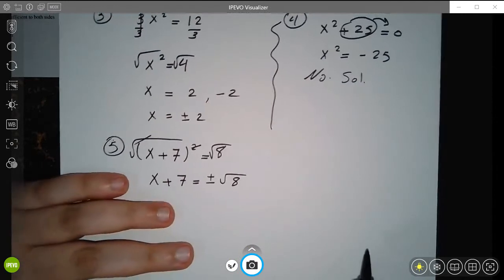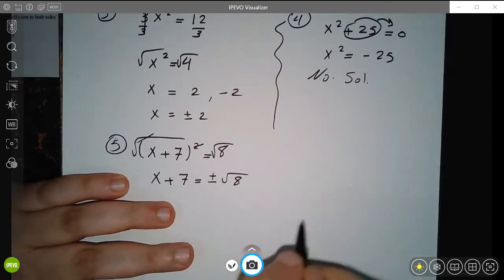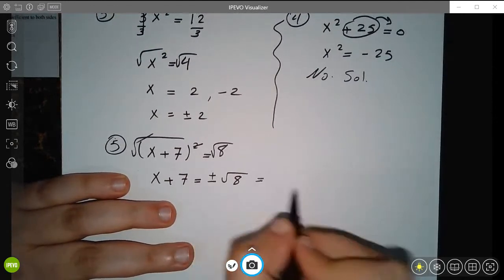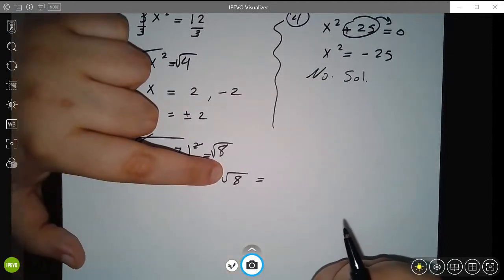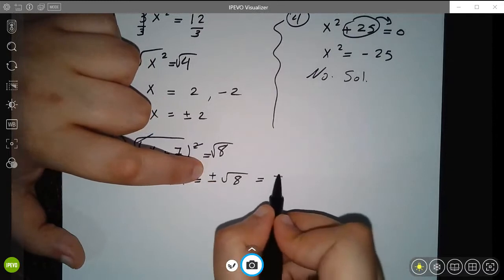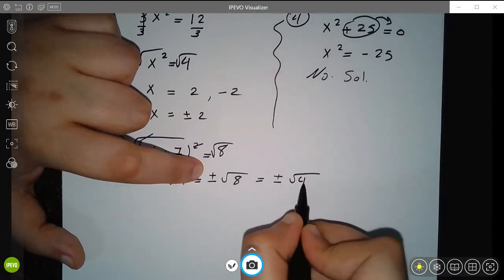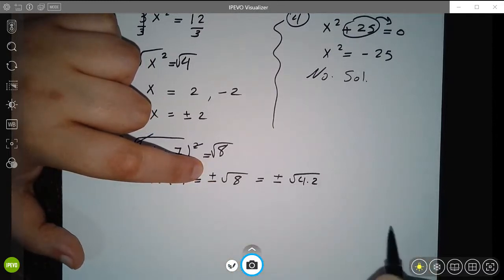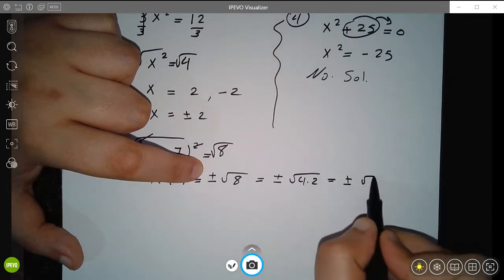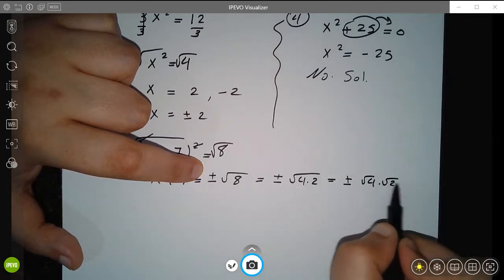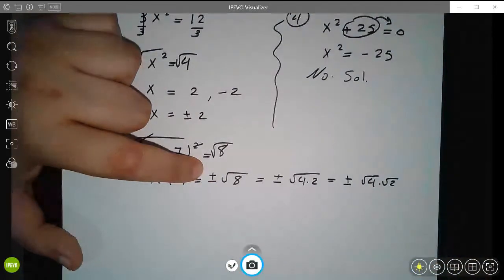Now, square root of 8 can be simplified if you want. We can write it as, for example, 8 is 4 times 2, right? So this is the root of 4 multiplied by 2, which basically means it's the root of 4 multiplied by root of 2, because multiplication under the root can be split.